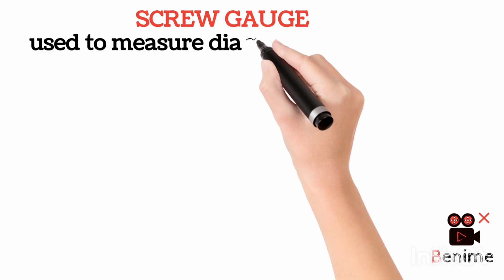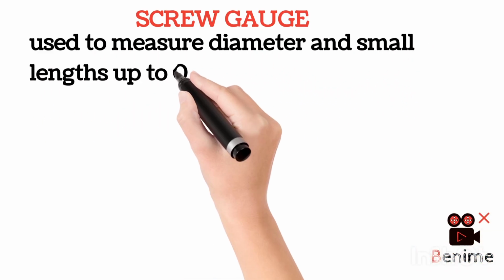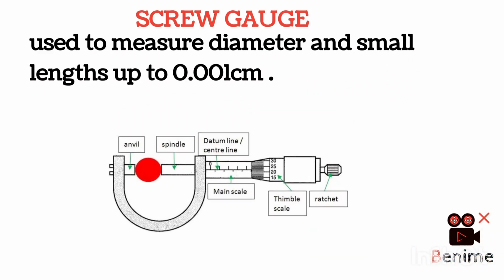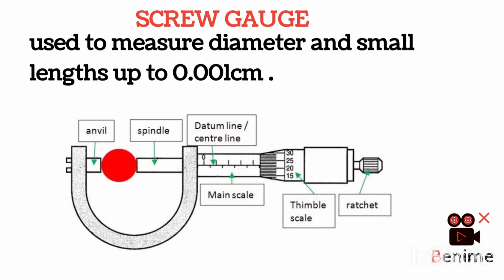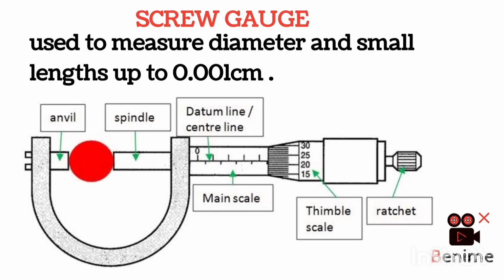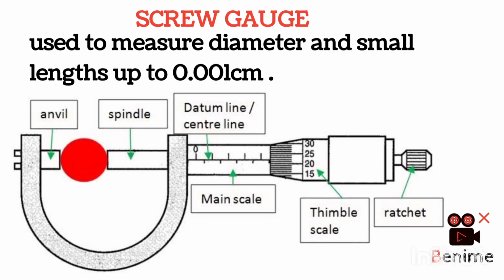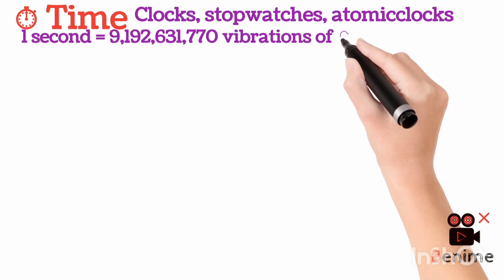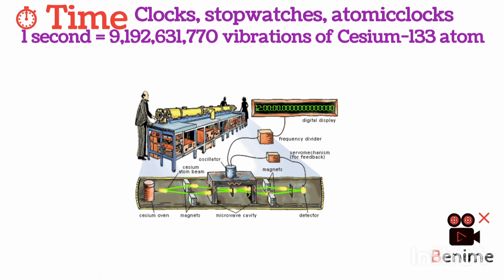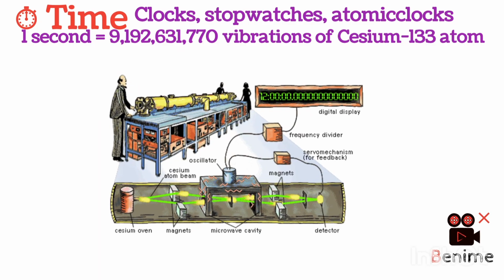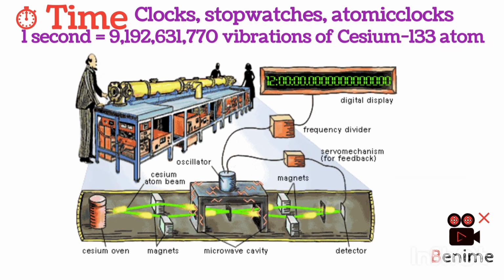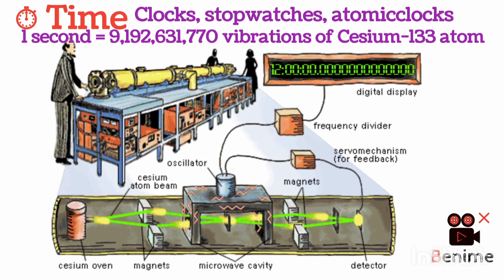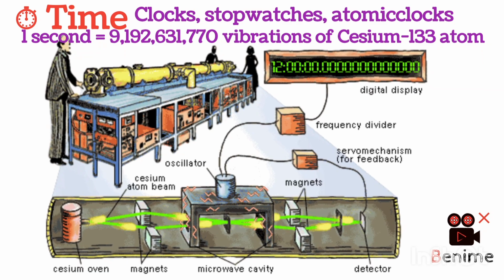For more accurate measurements, we use another instrument called screw gauge, whose least count is 0.001 centimeters. To measure time-dependent quantities, we use a stopwatch. Internationally, the atomic clock is used to define 1 second, in which cesium atom vibrations are considered equivalent to 1 second.